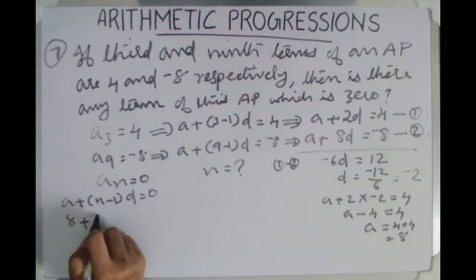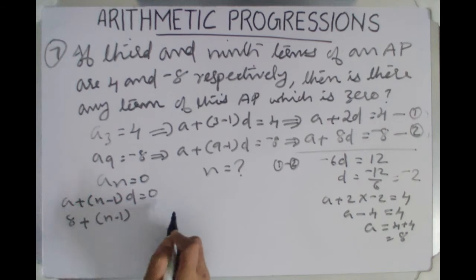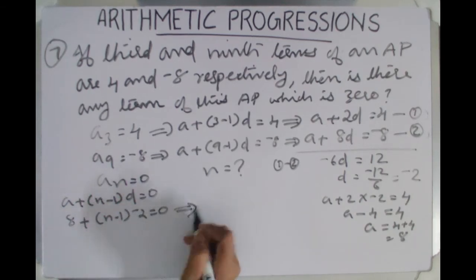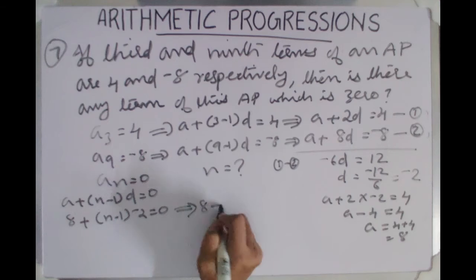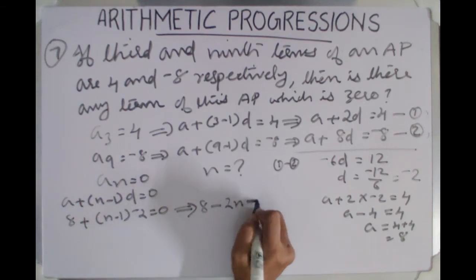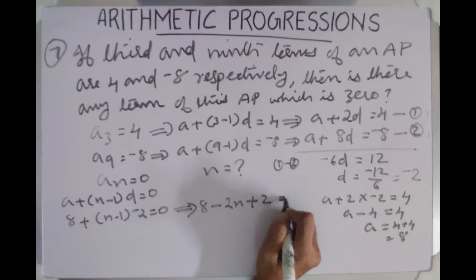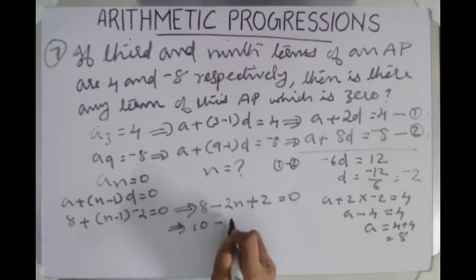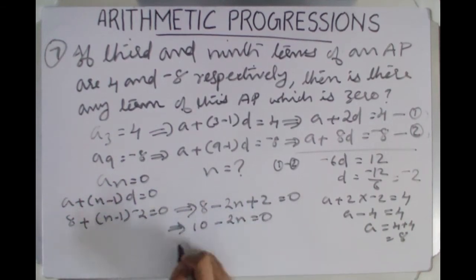a is 8 plus (n minus 1) into d, which is minus 2, equals 0. This implies 8 minus 2n plus 2 equals 0. That implies 8 plus 2 is 10, minus 2n equals 0.